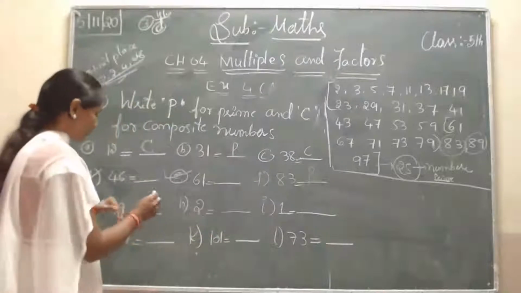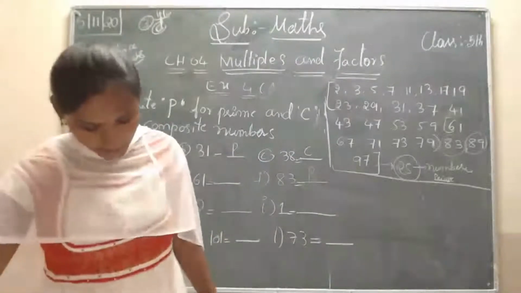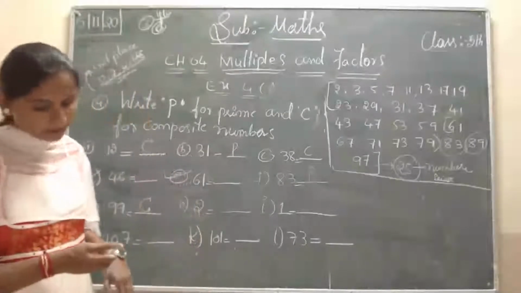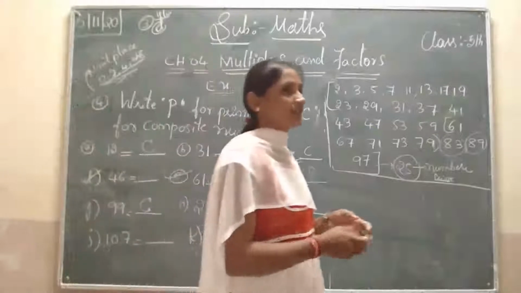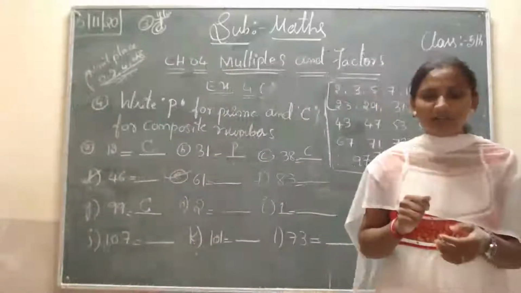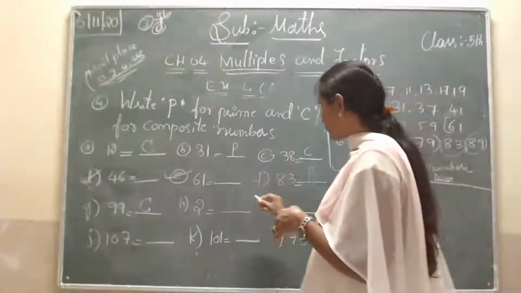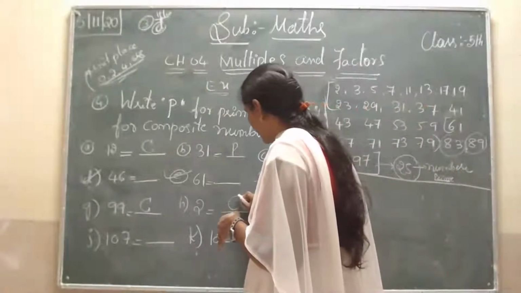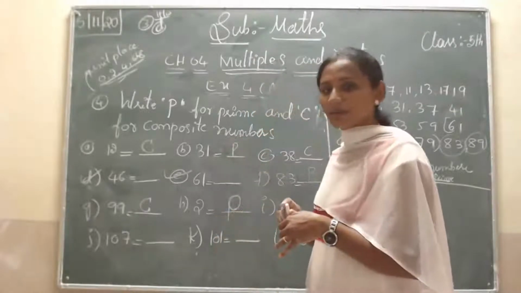Okay, students, next is 2. The smallest even number is 2, and the smallest prime number is 2, because 2 is a prime number.